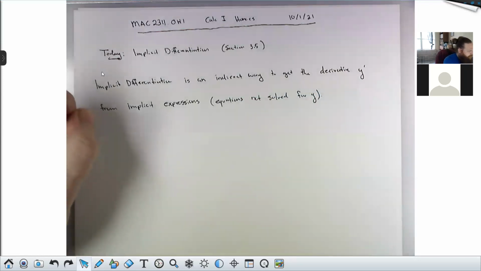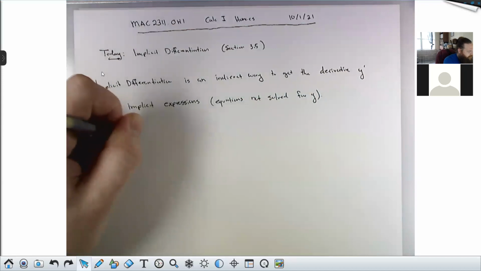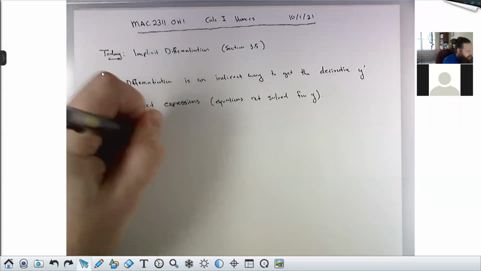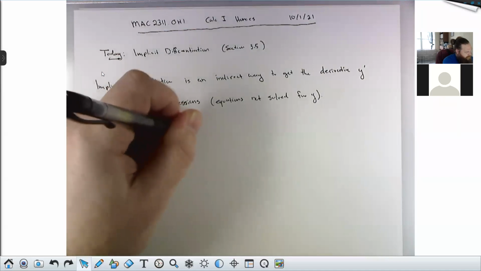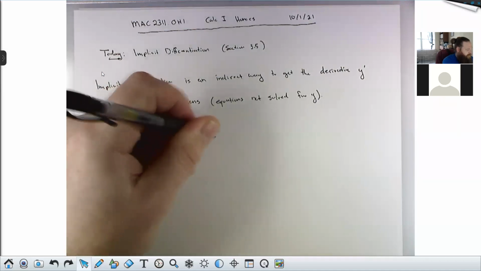So, implicit versus explicit expressions. I should say functions.